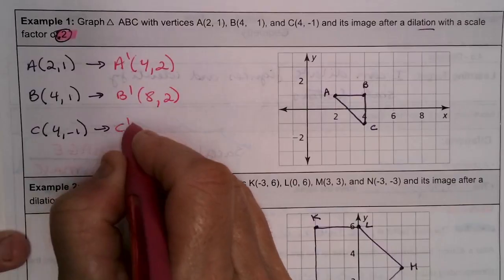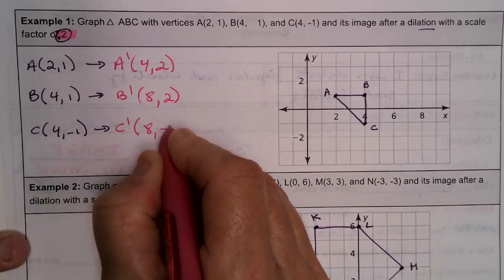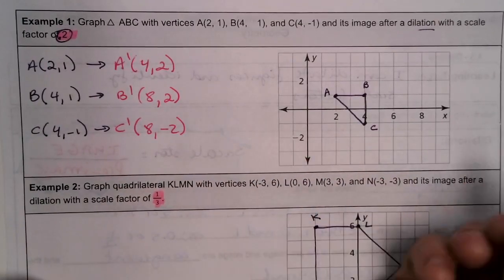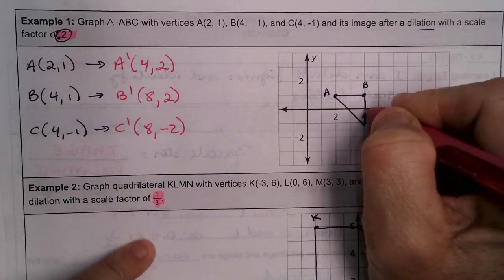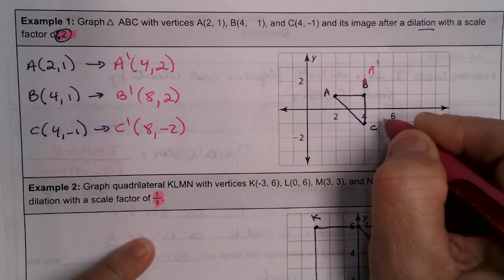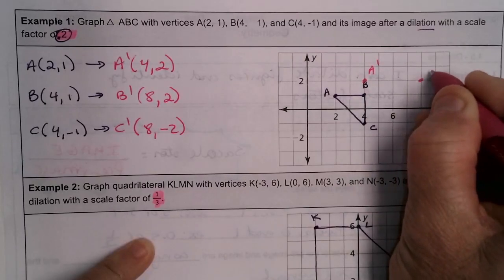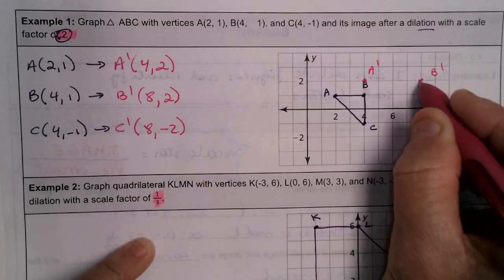C prime becomes 2 times 4, 8, 2 times 1, negative 2, okay? Then I graph it: (4, 2) A prime, (8, 2) B prime, (8, -2) C prime.